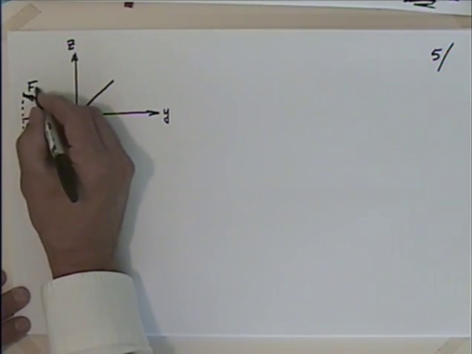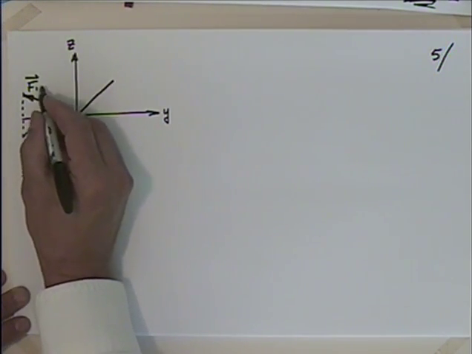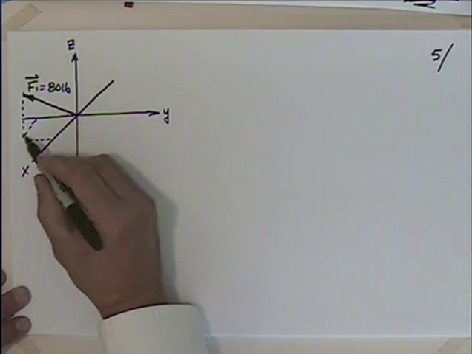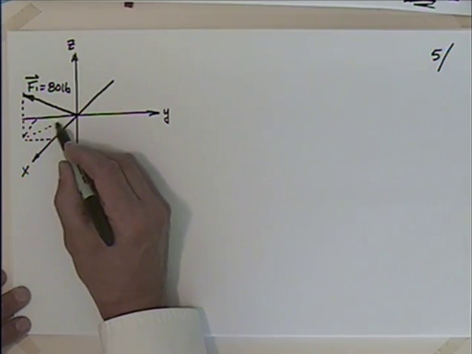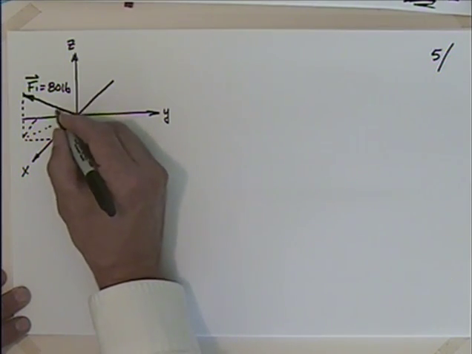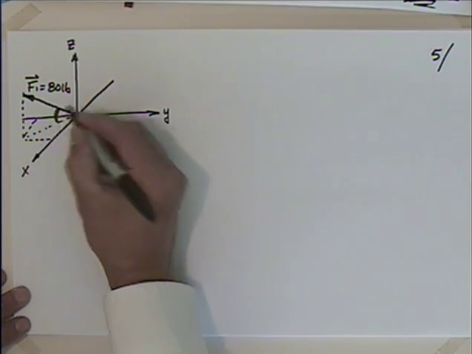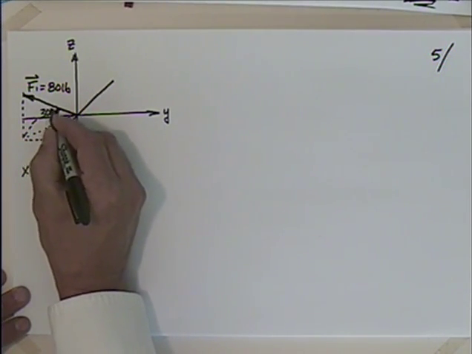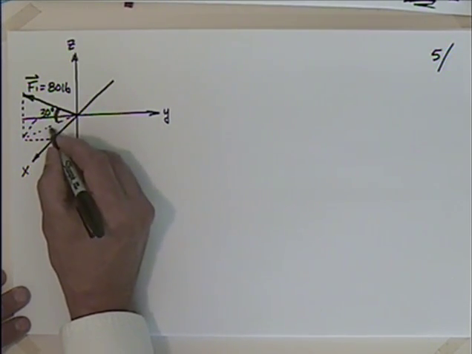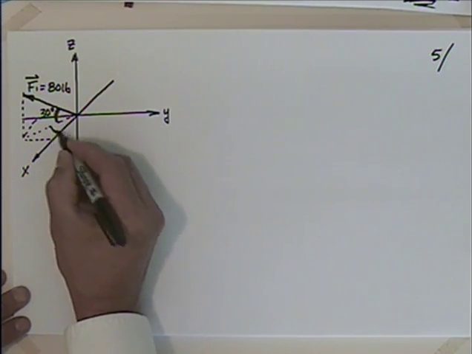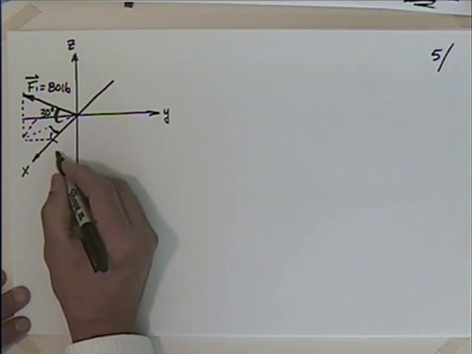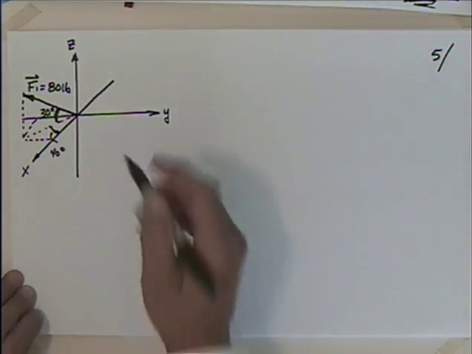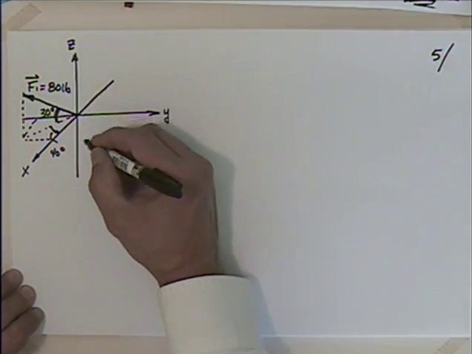Okay, this is F1 that we'll say is 80 pounds. There's an angle here. So its elevation angle from the XY plane is 30 degrees. And its angle to the x-axis, that angle there, is 40 degrees. Okay, that's a little hard for students to get sometimes, so we'll go through that.